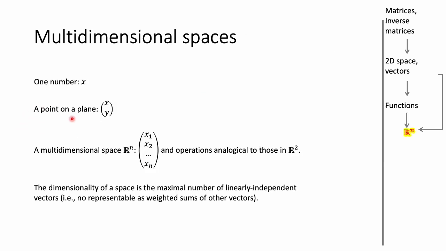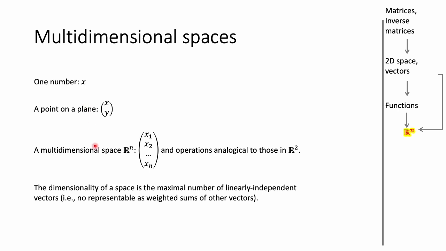And now, once we already discussed just single numbers and points on a plane, we can easily generalize our knowledge to a space of arbitrary dimensionality. Essentially, one number is just one coordinate. A point on a plane, which is a two-dimensional number kind of, is a pair of numbers, a pair of coordinates.